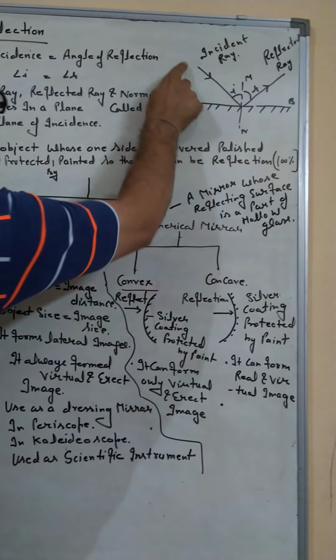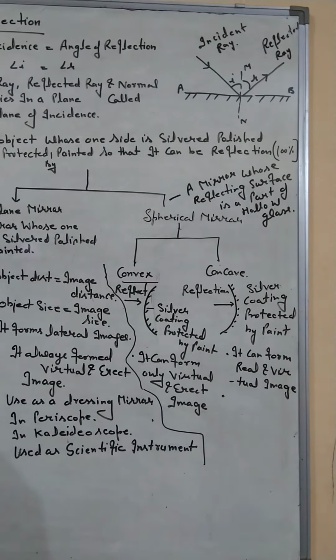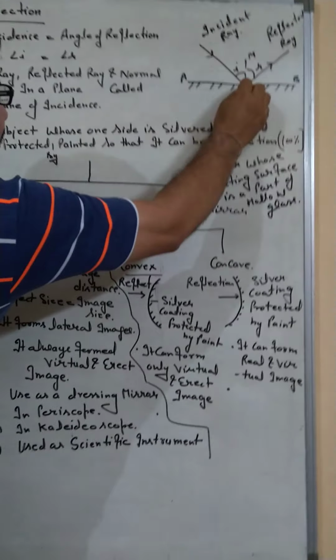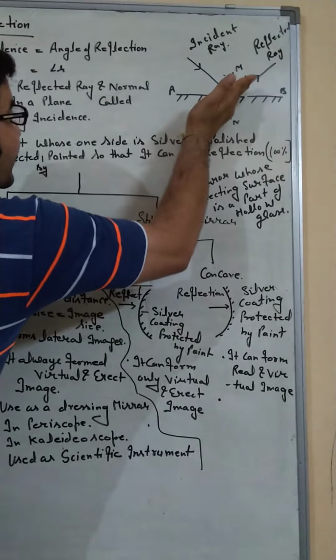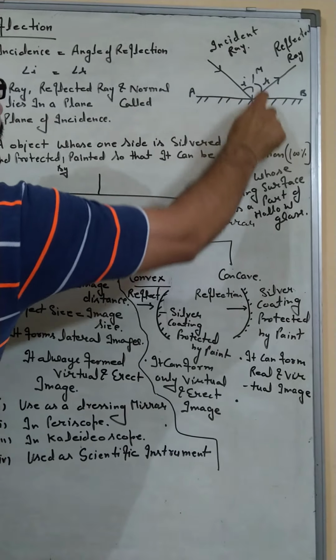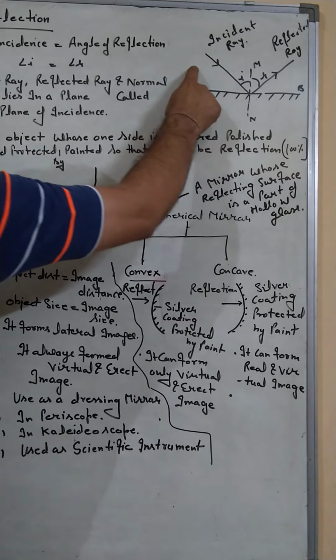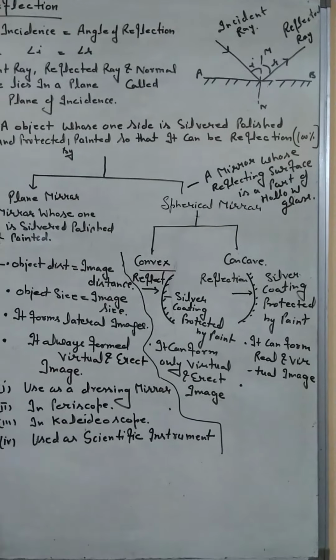Along that normal, this incident ray makes an angle I, that is called the angle of incidence, and after striking that point it comes back into the same medium, making an angle R with the normal, that is called the angle of reflection, and that light is called the reflected light.